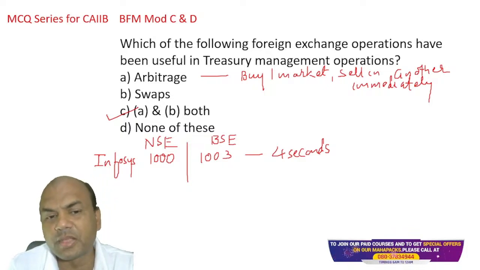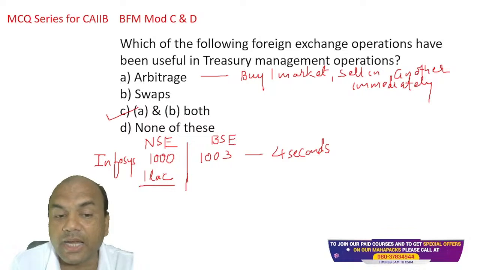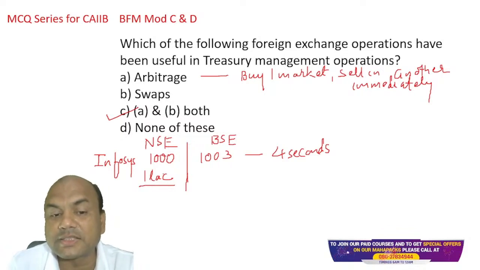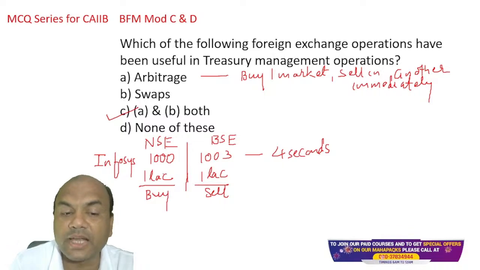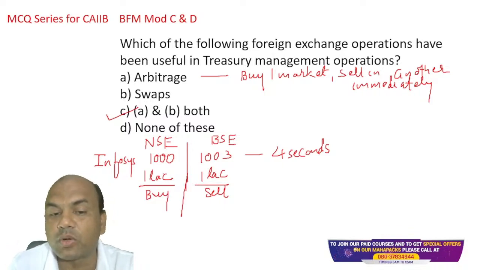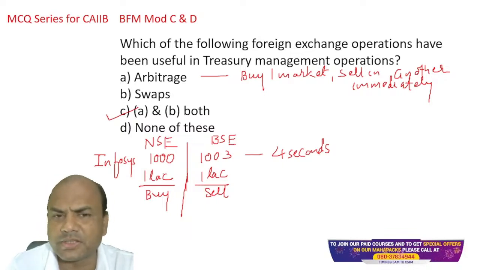I'll buy 1 lakh shares of Infosys at NSE right now, and sell 1 lakh shares at BSE right now. I'll do all these jobs in hardly 4 seconds. My computers and internet need to be very fast.